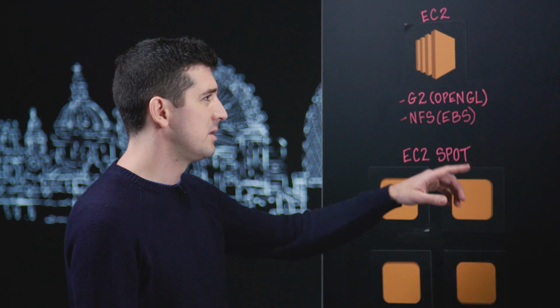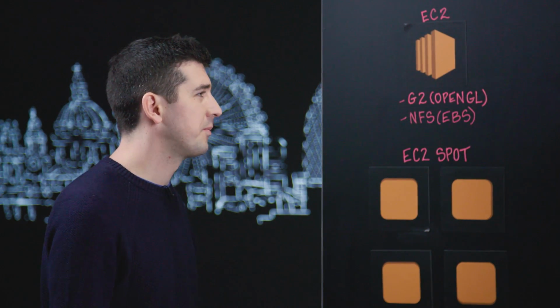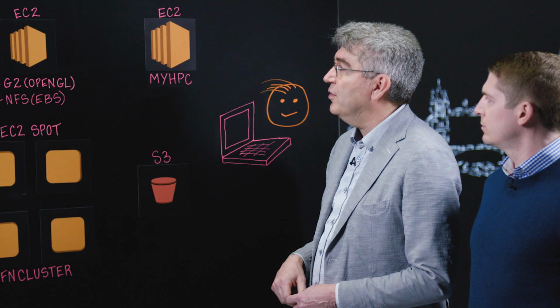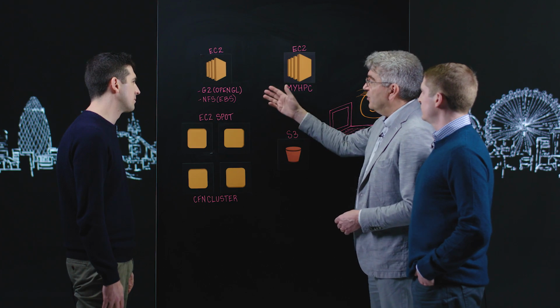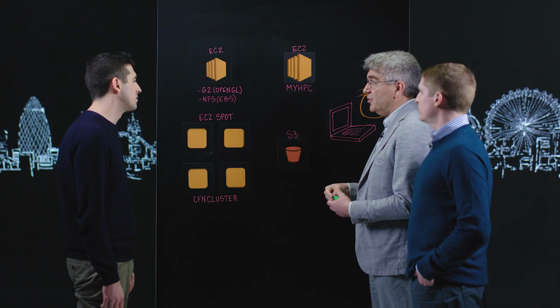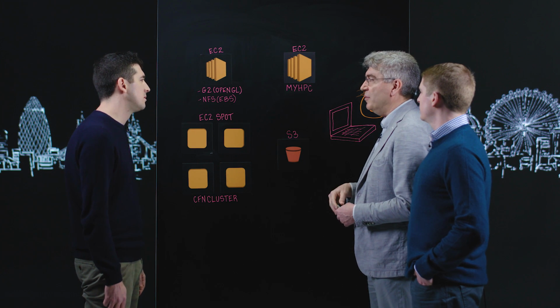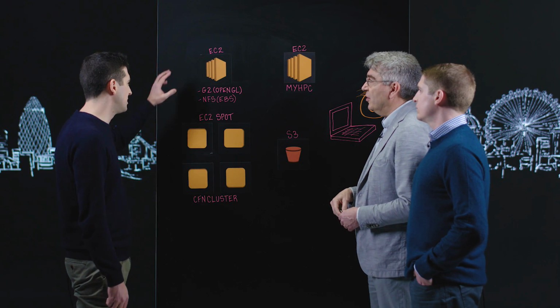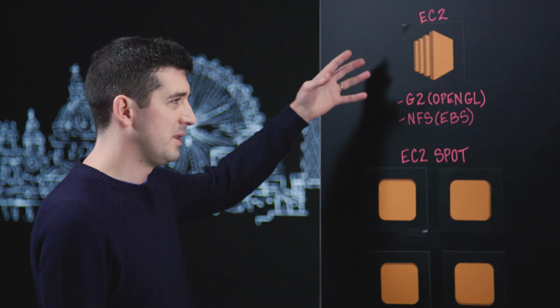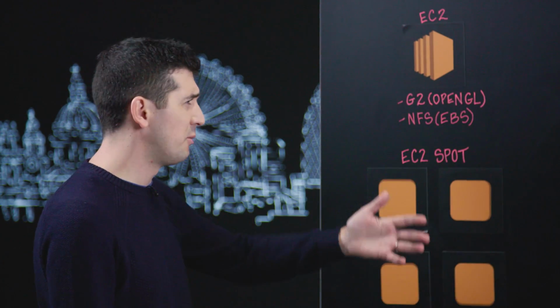So DCV is the application streaming protocol you use? DCV is the remote viz technology, and of course, we provision the entire infrastructure, and not just the operating system, but the applications, the libraries, everything. Okay, so you're doing that with the G2 instances up here, and then you can stream it back to the user through a web interface, I think, right?